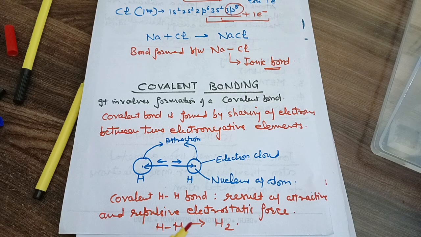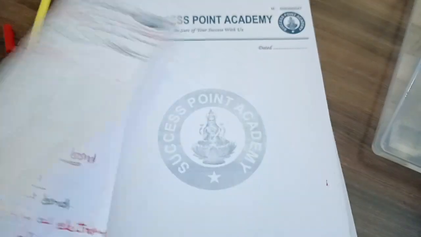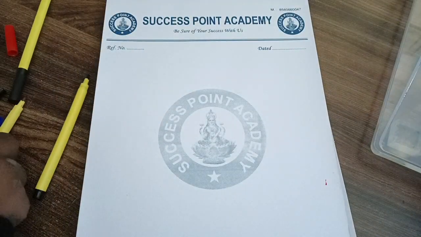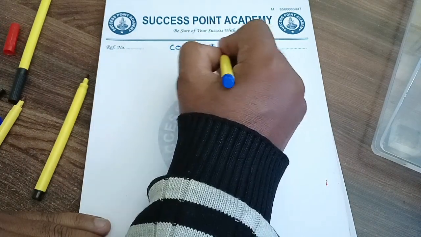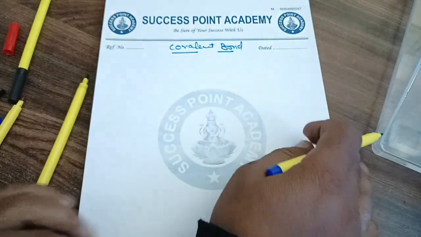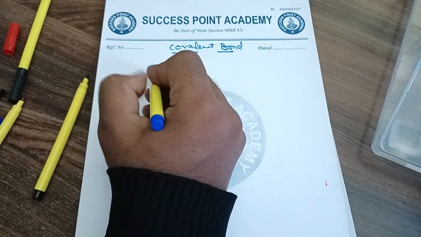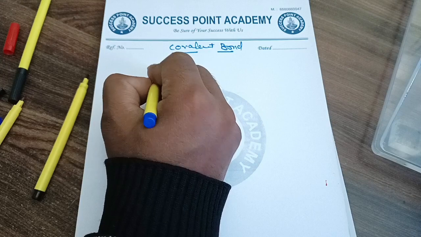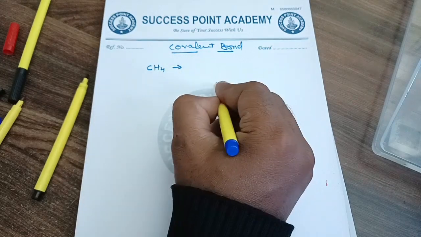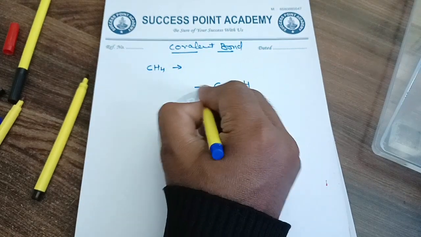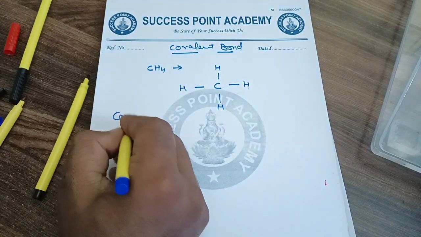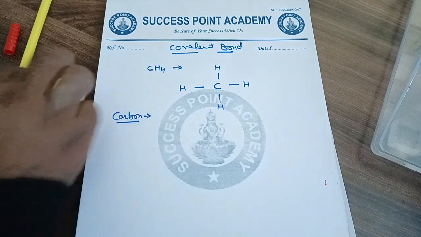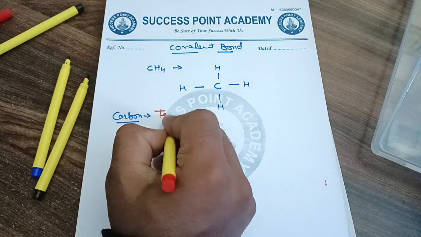Special cases in covalent bonding. Let us see the case of carbon, in methane. In methane, what we have? C bonded to H, H, H, H. You know, carbon is tetravalent.